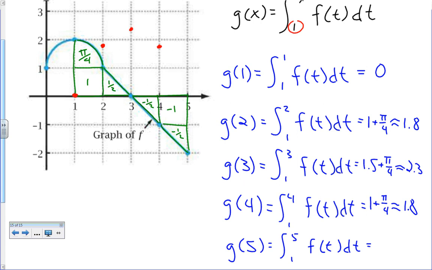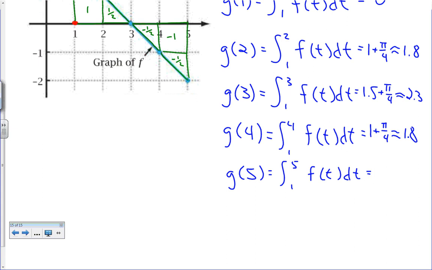So again, when you tally these up, you've got a negative 2 total that's below the x-axis, and a positive 1.5. So it's going to be a negative 1/2 plus the pi over 4. Again, if you subtract a half from about 0.8, which is what we're approximating pi over 4 to be, that's going to be about 0.3.